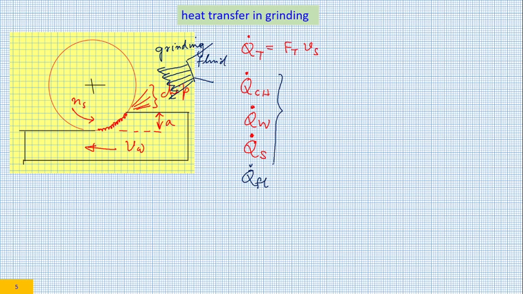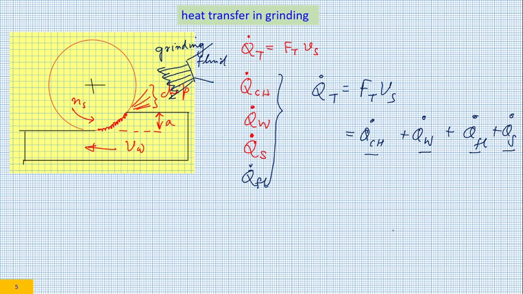Exactly how much, that we do not know at this stage. So what we know is this. So this is the chip, this is the workpiece, this is the grinding fluid, and this is the grit.